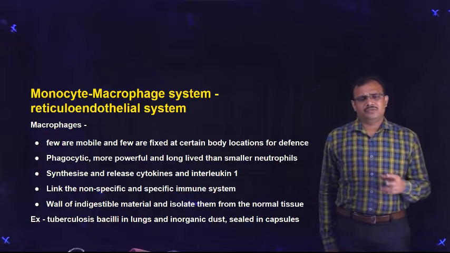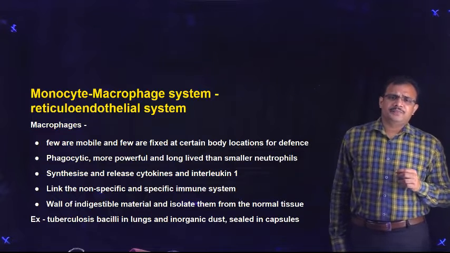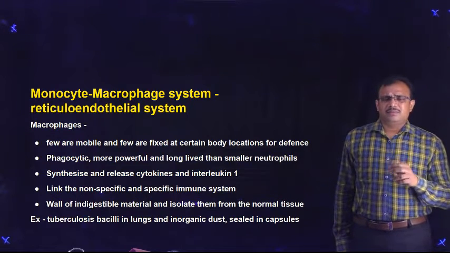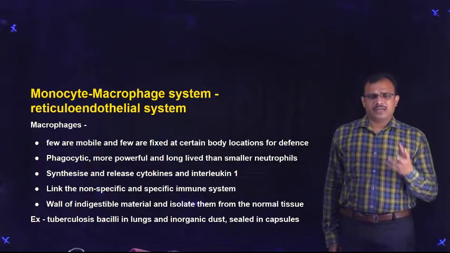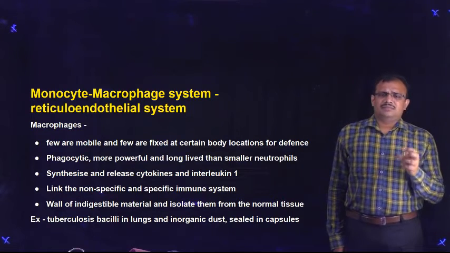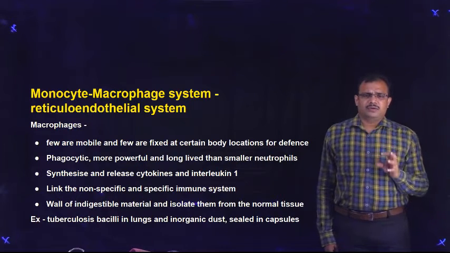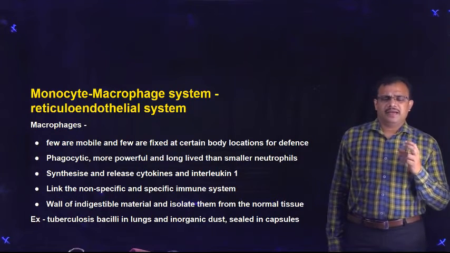We have seen neutrophils also are involved in phagocytosis, but these are very small cells. Monocytes and macrophages are called macro because they are large in size and they eat large foreign substances or large amounts of foreign antigens.